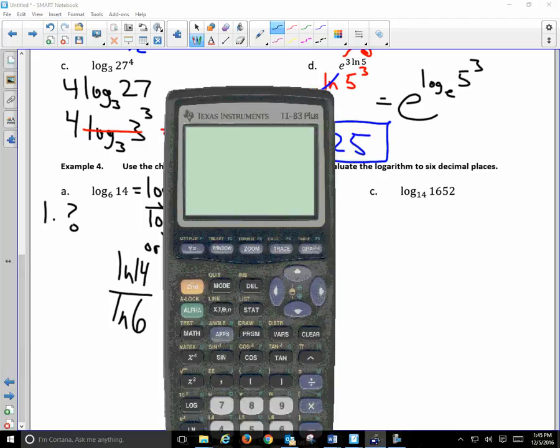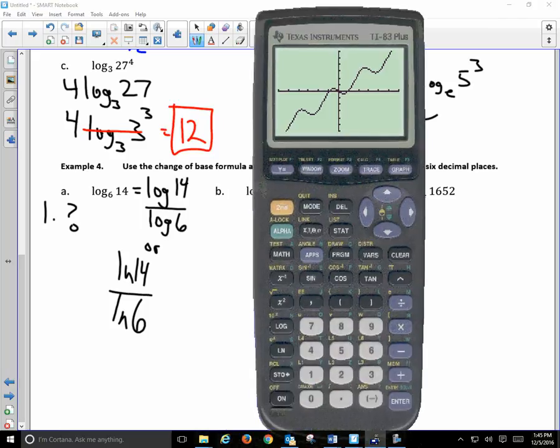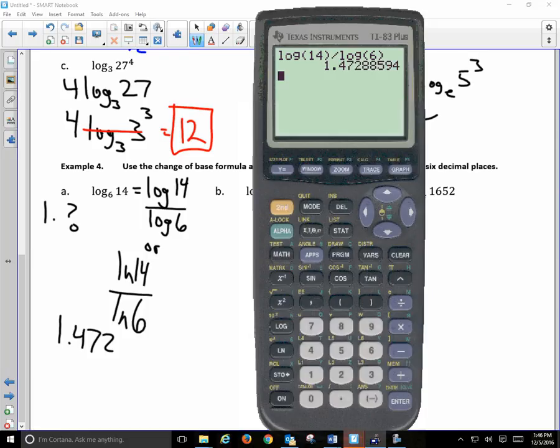Either way, you're going to come up with an answer, and we will express our answer to 6 decimal places. Please make sure that when you type this in, you use your parentheses. And I get 1.4728886.